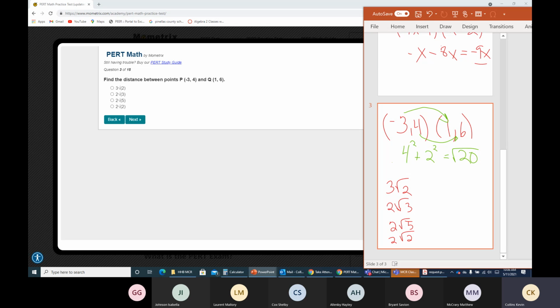So how do we figure out to go from here to here? All right, so I'll show you the official way, but I'll show you the calculator way too, okay? So the official way is we look at this and we say, okay, what is a perfect square that we can divide into 20? Our first perfect square is 2 times 2, that's 4. Can we divide 20 by 4?